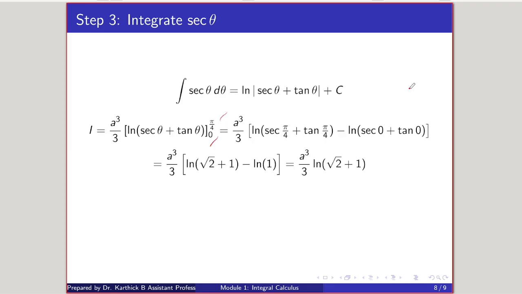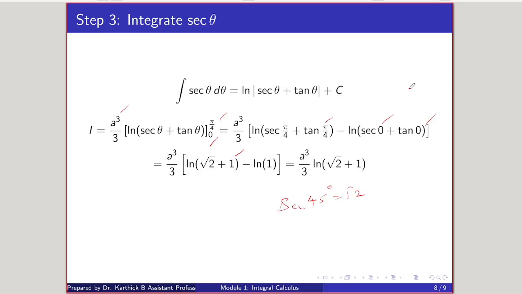a cube by 3 remains constant, so I am keeping it outside, and I am applying the limits: secant pi by 4 plus tan pi by 4, then the lower limit will be 0. We know that secant 45 degrees will be root 2, and tan 45 degrees will be 1.